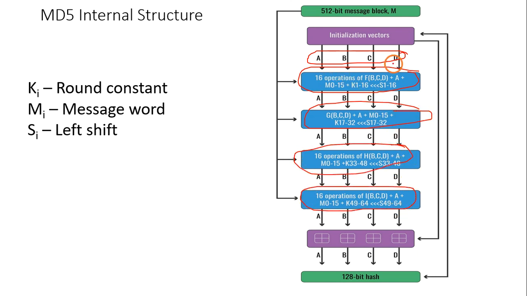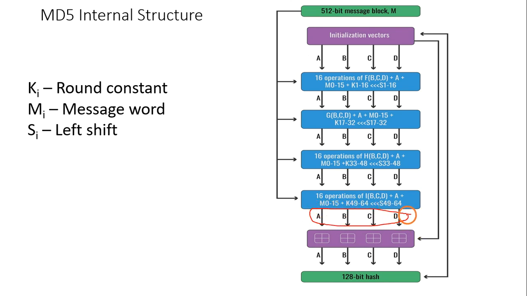The values of A, B, C, D are going to change round after round, and finally, after round four is completed, whatever A, B, C, D values are coming from the last round are added with the initial values of A, B, C, D.